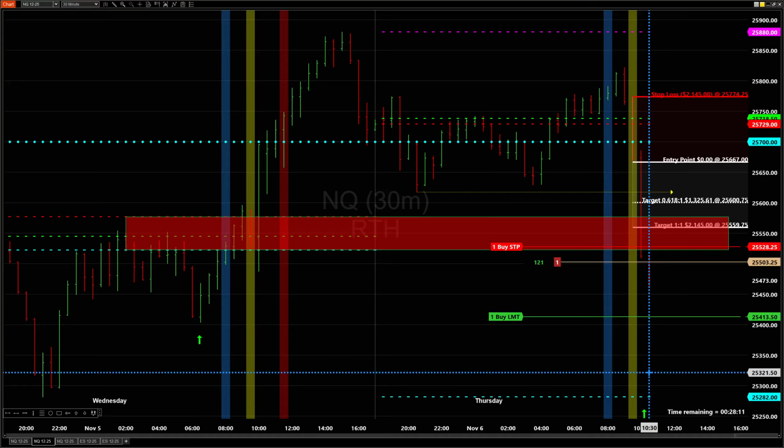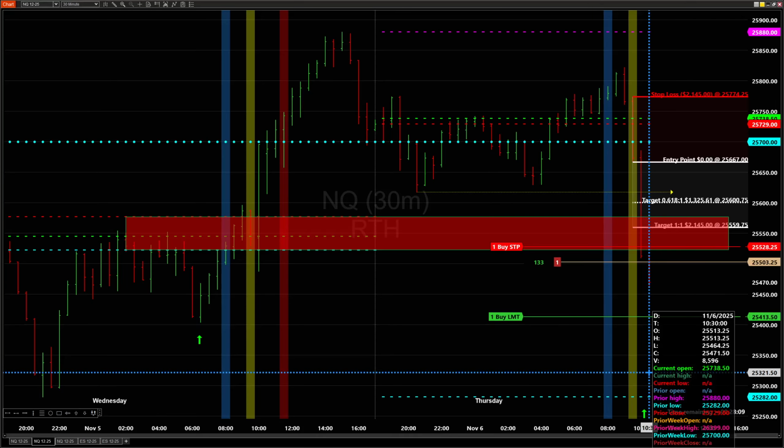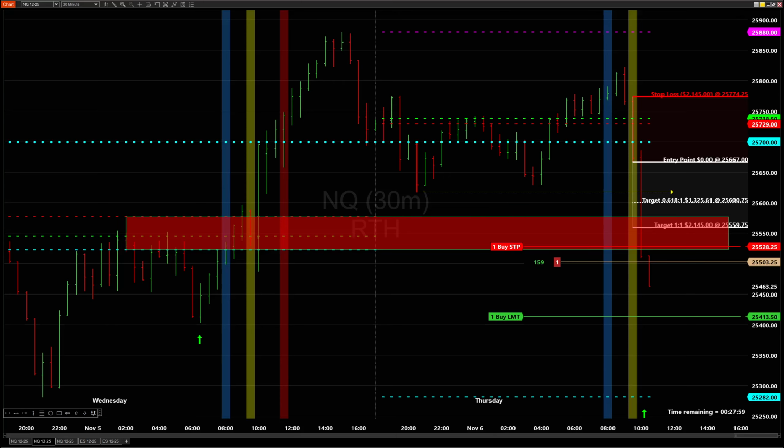If we get a 5-minute close below, I'm going to move my stop loss to about 1.4 ticks above this high. So I'll move my stop loss down to 14 and a quarter. Again, this is all really spending time watching the instrument you choose as your main trading vehicle and really learning its personality.